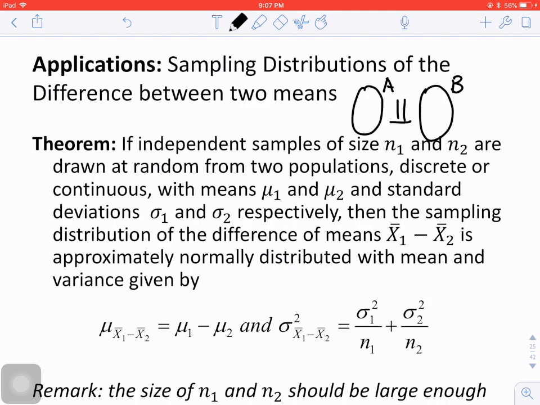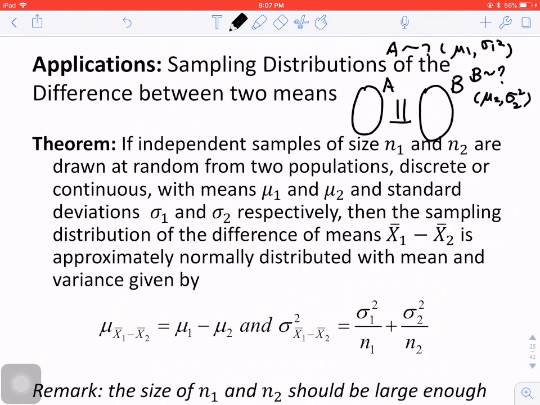Then A follows an unknown distribution with mu1 and sigma 1 squared, and B also follows an unknown distribution with mu2 and sigma 2 squared.